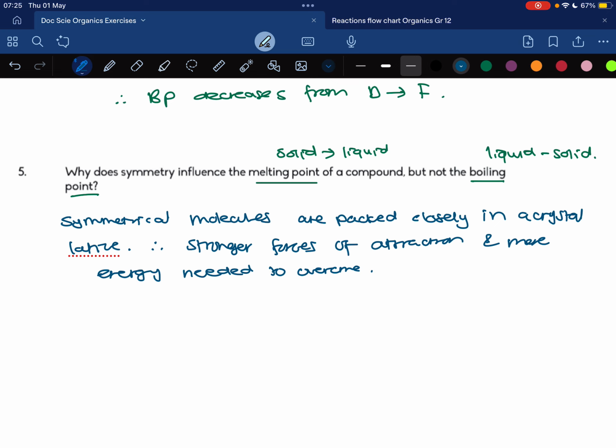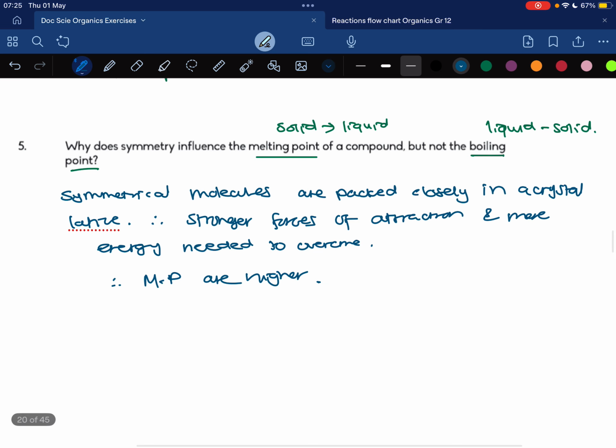So this means therefore the melting points are higher, because this compact crystal lattice requires more energy to overcome the forces to change from the solid to the liquid phase.